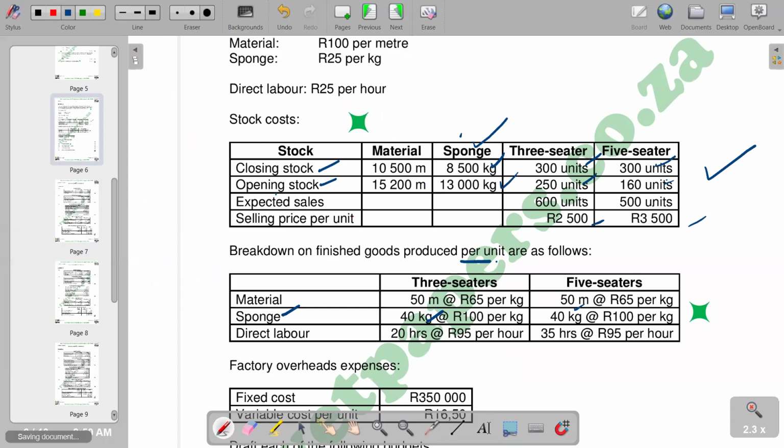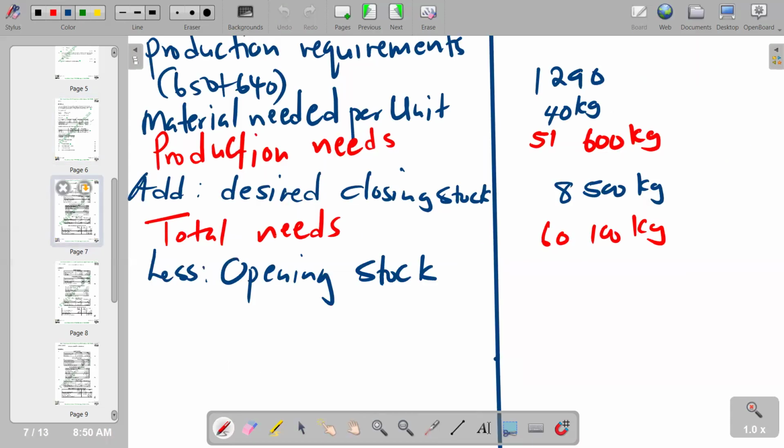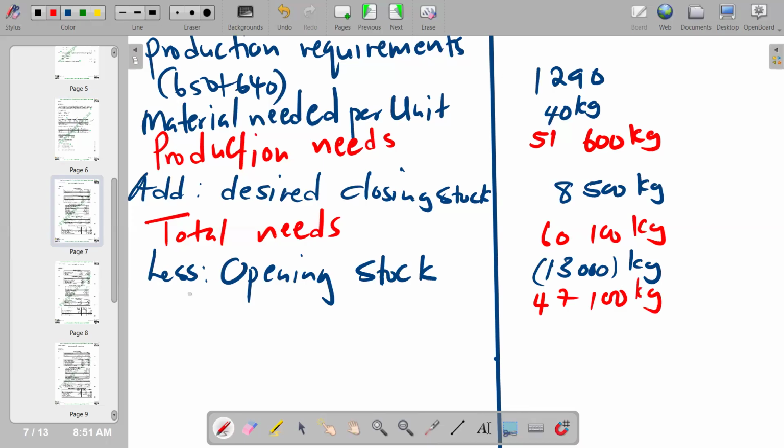So we put it as such, 13,000 kg. Basically we are saying 60,100 minus 13,000 kgs, and the answer is 47,100 kgs of materials to be purchased.